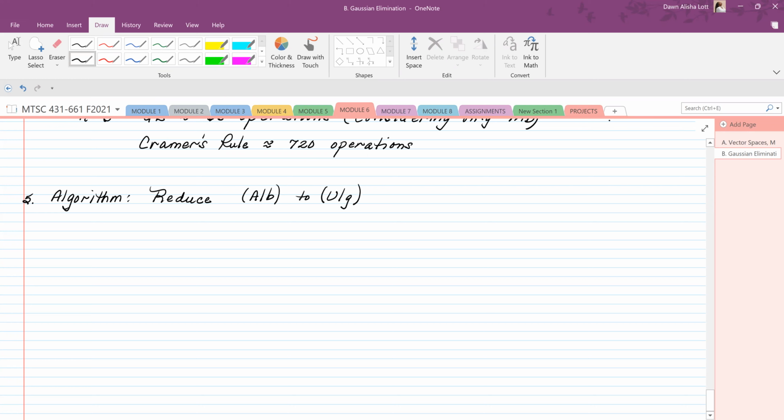So this is one augmented matrix to another, and then when we get to UG, we back solve. So for k equal 1 up to n minus 1, we check to see if akk is actually equal to 0, then use an error message.